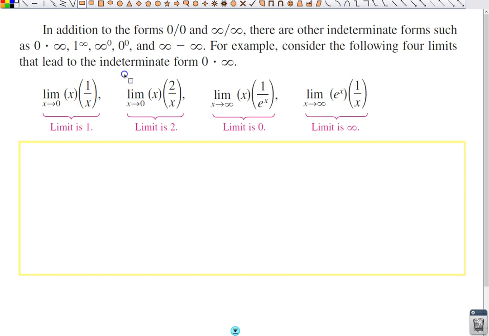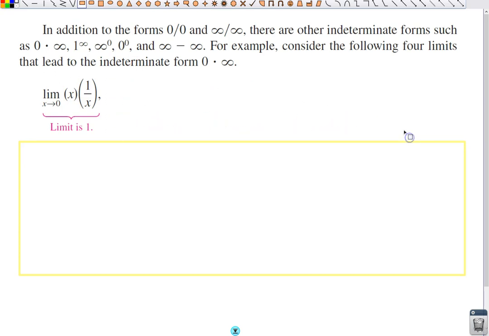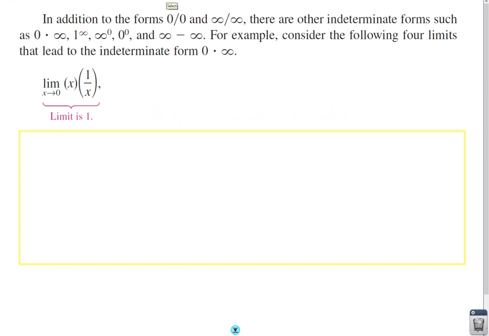So let's do my normal little trick here. Okay. So x times 1 over x. If I reduce that, I just end up with a 1, right? But technically, if I leave it as x times 1 over x, well, that's 0 times infinity. My limit is 1 here.